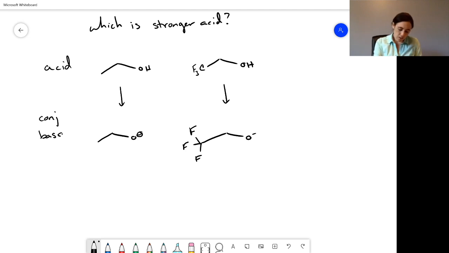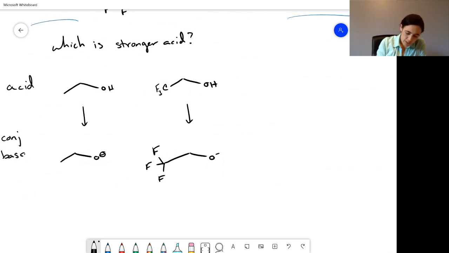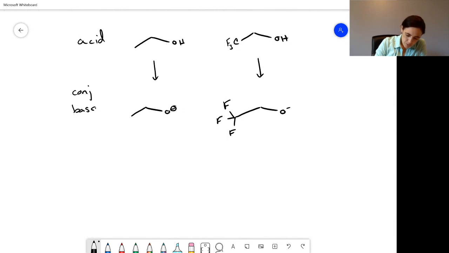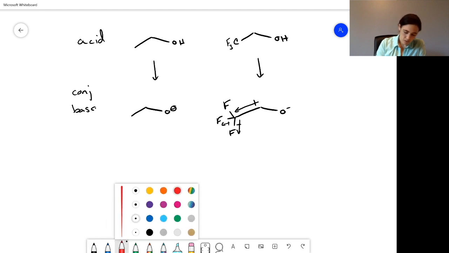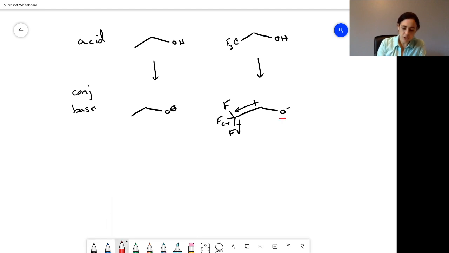So one of the things to remember is fluorine is highly electronegative. So it's going to pull electron density away from this carbon. And as a result, it's going to pull electron density away from the carbon attached to the oxygen, which means that this oxygen is going to be able to share electron density into this slightly more electropositive carbon through the sigma bonding system.